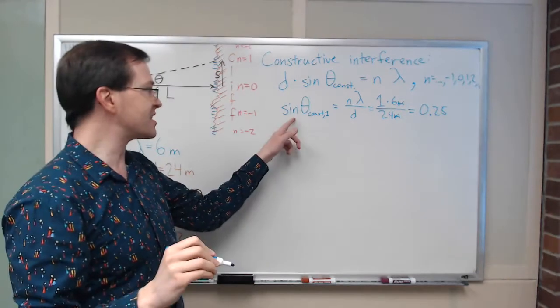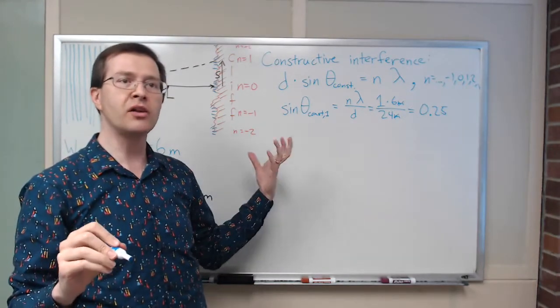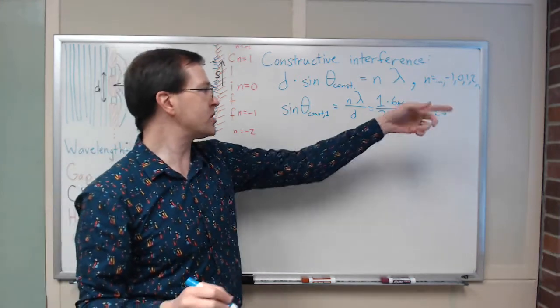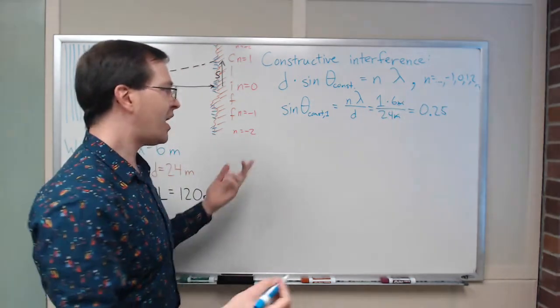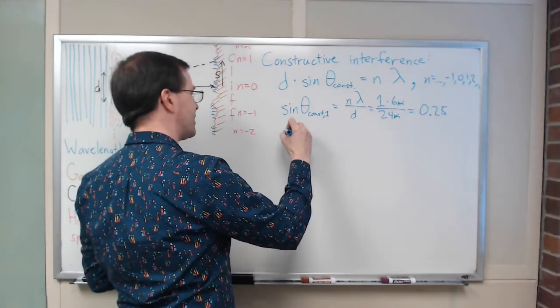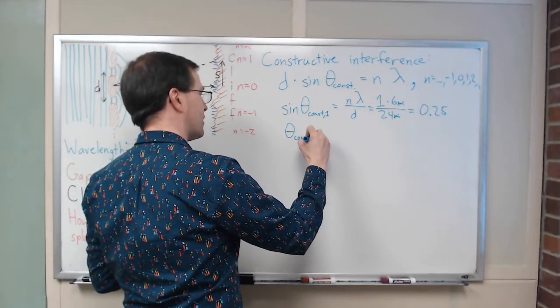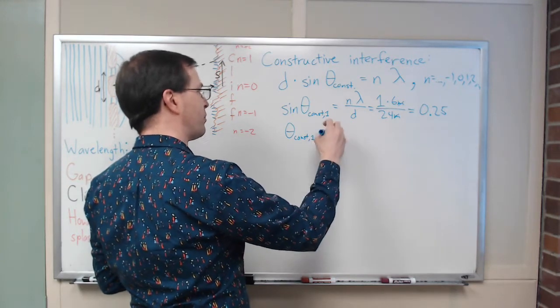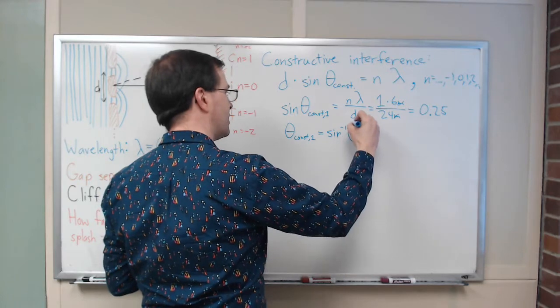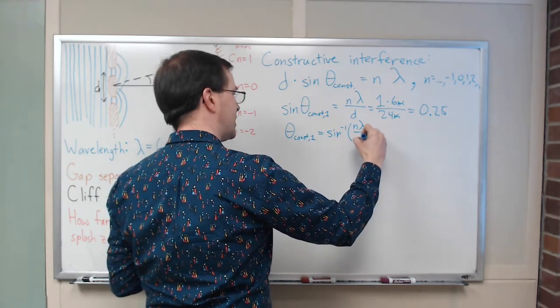It is crucial that sine, cosine, tangent, all of those are unitless quantities. They should always give no units. So 0.25 is sine of theta. If I plug it into my calculator, I can find that my constructive interference point number 1 is going to be the inverse sine, arc sine, of n lambda over d.